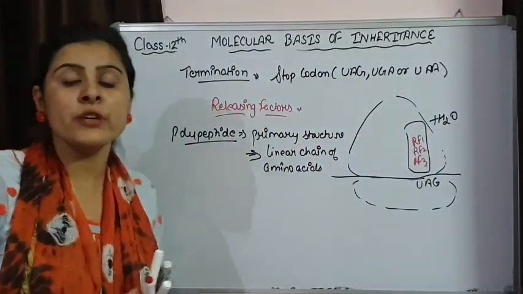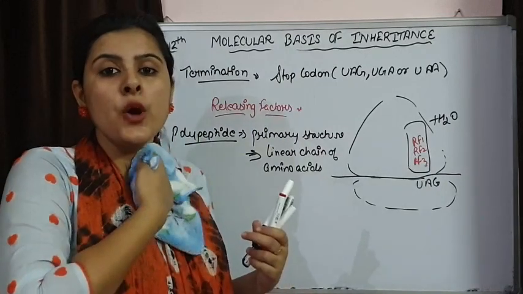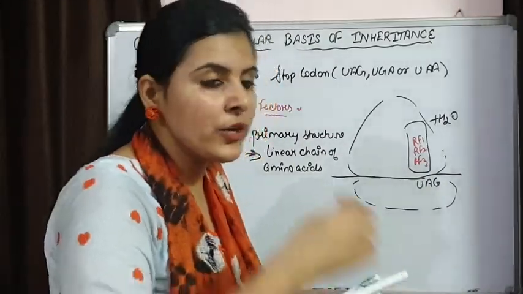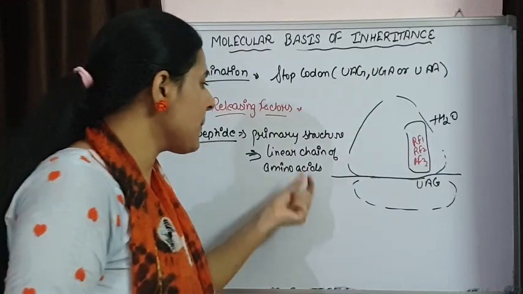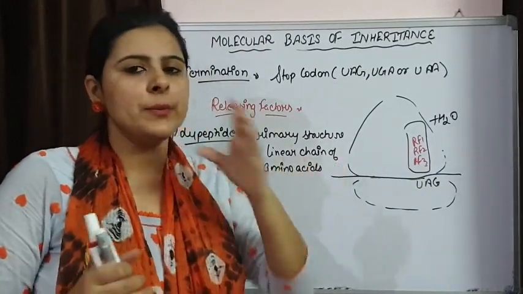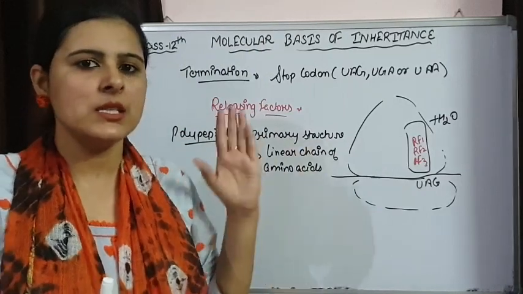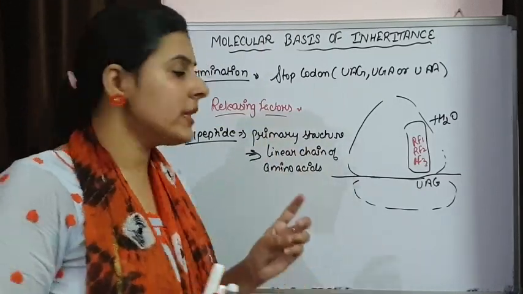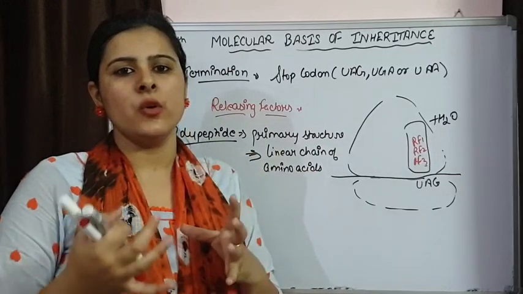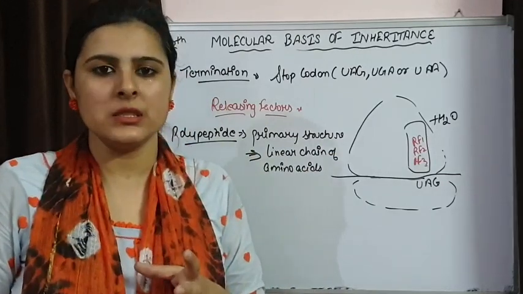Now further modifications will be done in this polypeptide chain. Some of the amino acids which are not required may be removed with the help of peptidases. There will be more coiling, or you can say folding, of proteins.